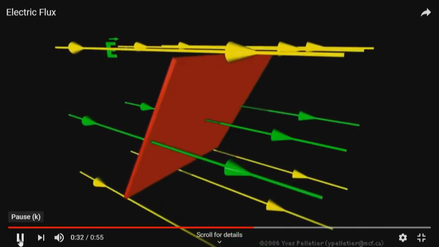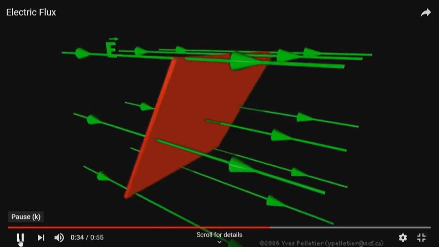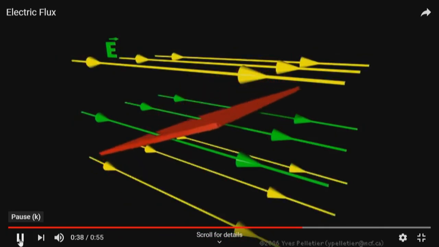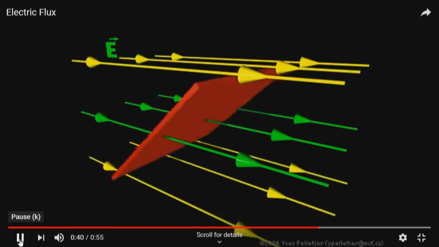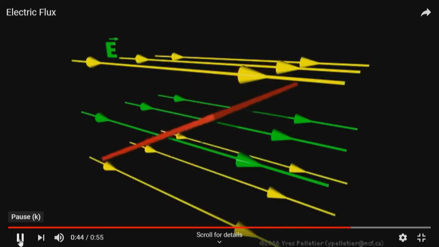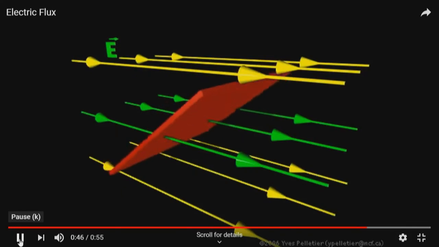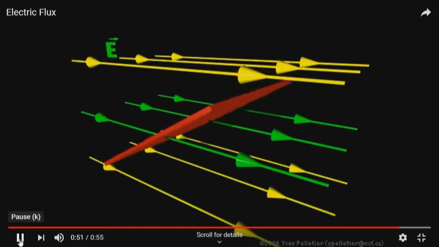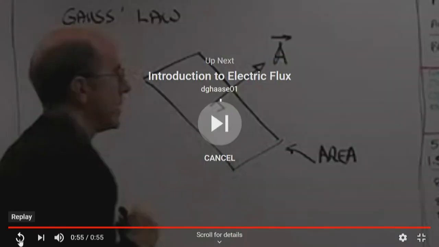But on this test, we're not really going to talk anything about flux. The test is more covering insulators and conductors, looking at your electric field and electric force, being able to calculate the force on a particular charge, depending on where that charge is, looking at the electric field behavior.